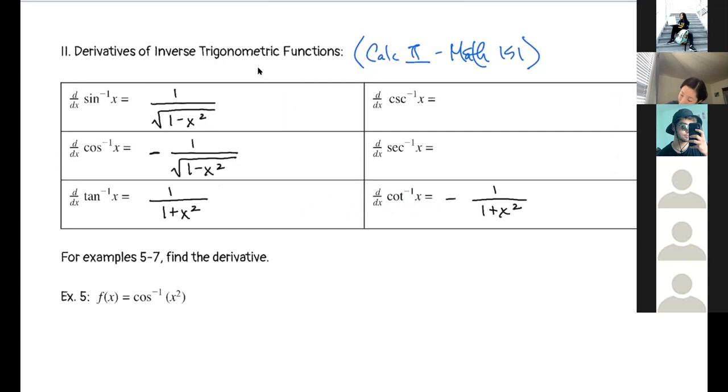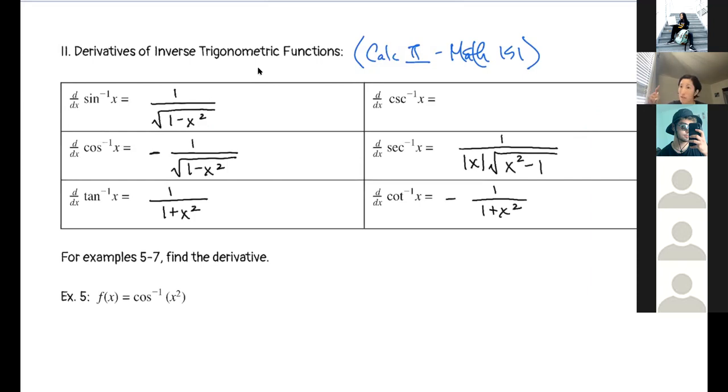All right, the derivative of inverse secant is 1 over the absolute value of x times the square root of x squared minus 1. Make sure you get that absolute value, make sure you get that x squared and then the minus 1 afterwards. Okay. But if you know this, you know inverse cosecant.